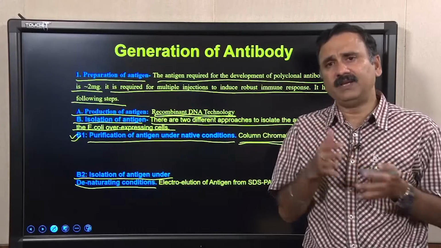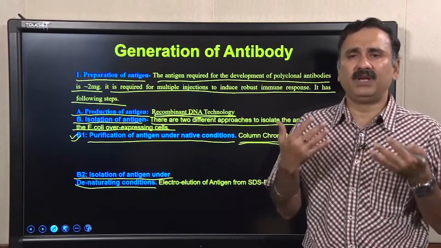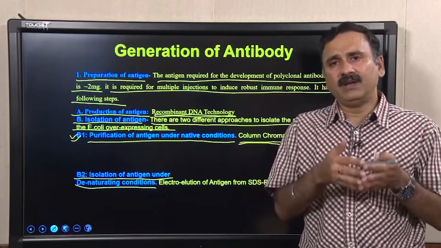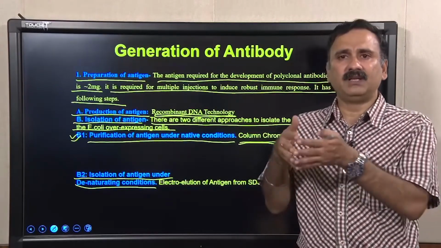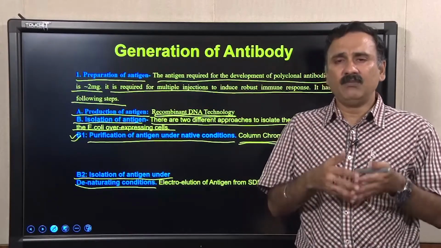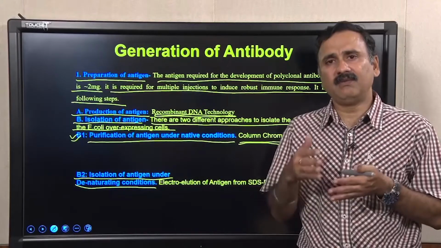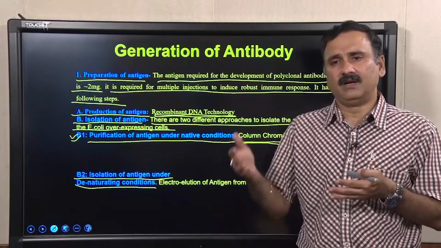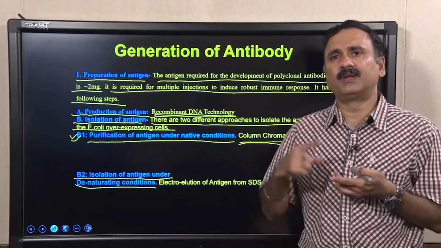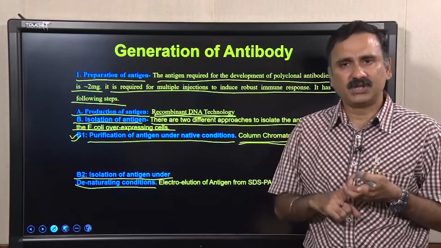So, under any of these conditions, you can purify the antigen under the denaturing conditions, because whether the protein is in the native or denatured state, the overall immune response does not vary, because even a native protein is going to be denatured while you process it for the injections.